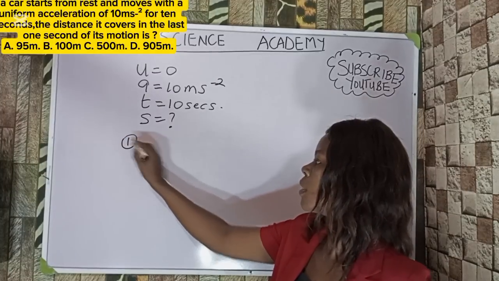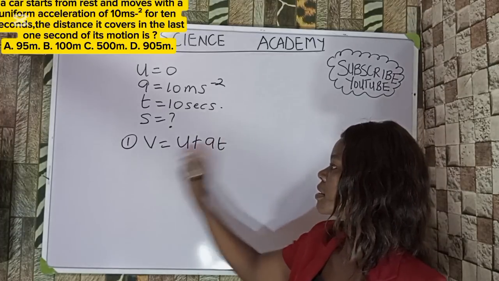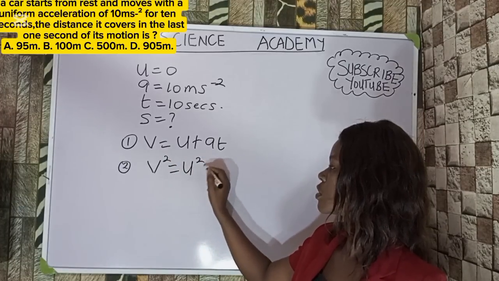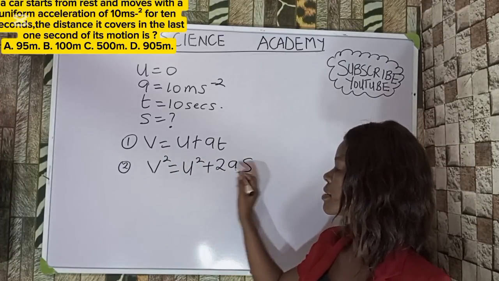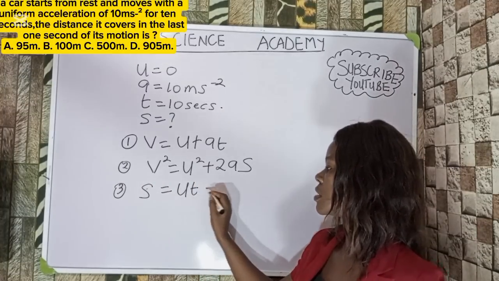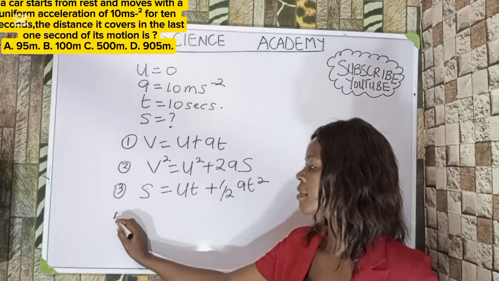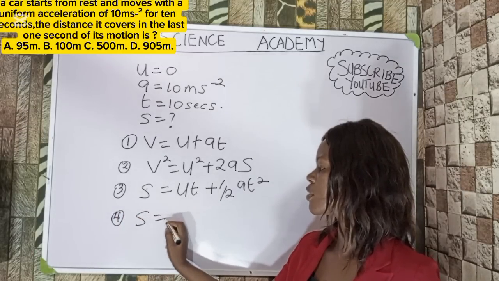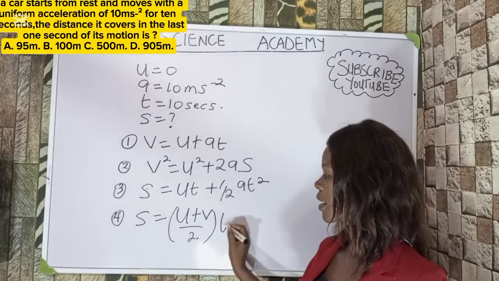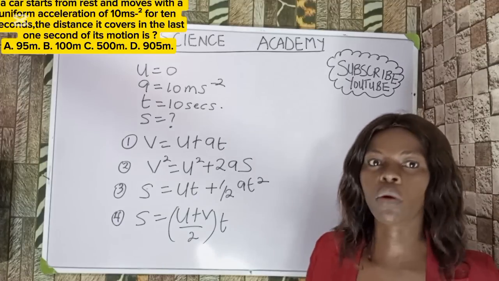I have equation 1. v equals u plus at. v square equals u square plus 2as. x equals ut plus half at square. x equals u plus v over 2, bracket t. Now look at it. This equation will help you to solve some other problems on motion.